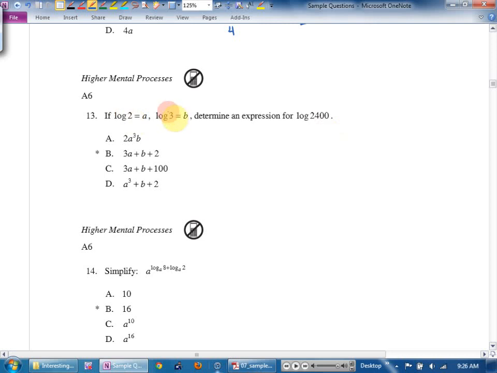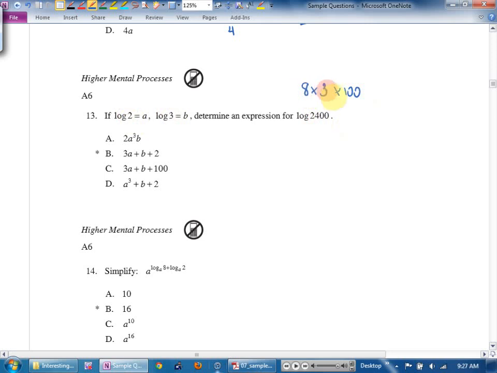What number is this? 3. I would write this as powers of 2 and 3. I know that this is 8 times 3 times 100. 24 times 100. Why did I pick 8? Because that's a 2. Why did I pick 3? Because that's a 3.